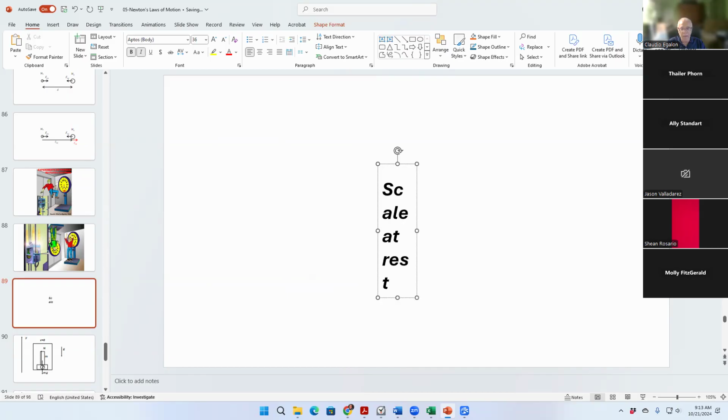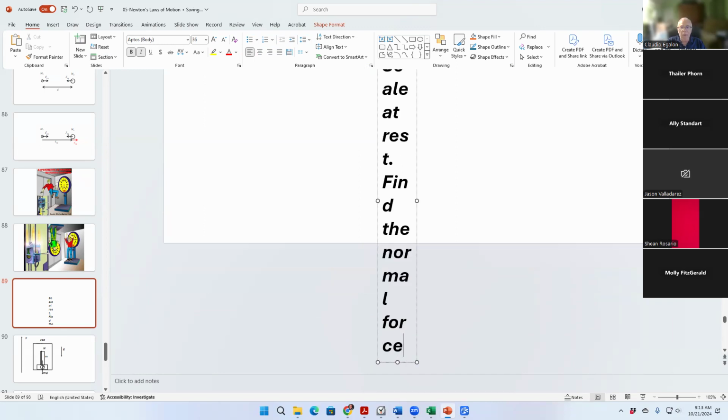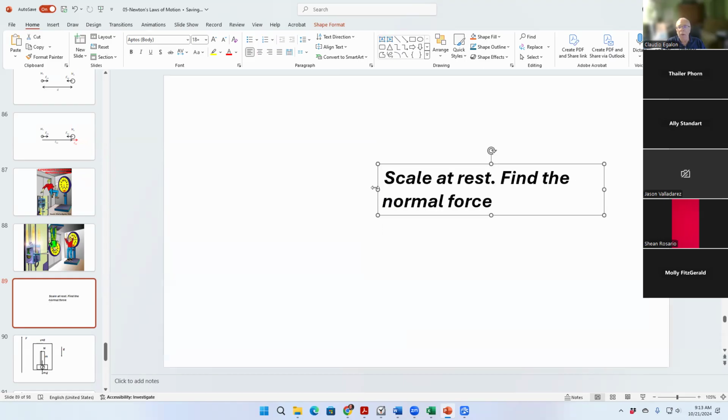Find the normal force. That's our first problem.